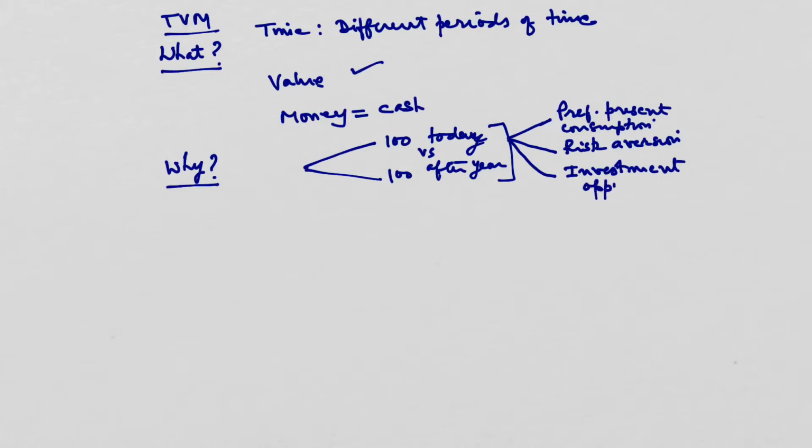So these are the three reasons. But the most important of these is investment opportunities, because you can allocate your money in such a way that you may postpone your consumption for the future and you can also consume at present.